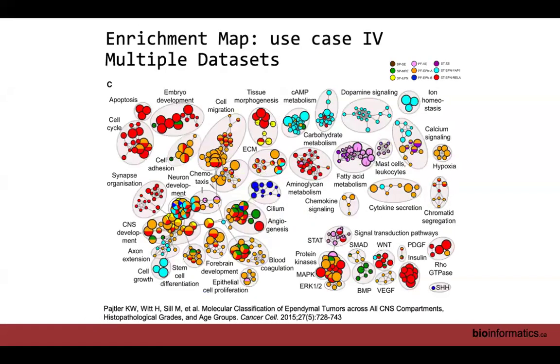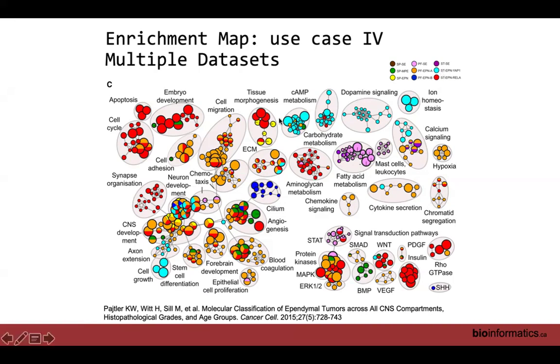The last use case is the multi-data set analysis. So there's no limit to the number of data sets you can input into EnrichmentMap. You can have 10, you can have 20, it doesn't matter. You can use it to compare pathway results across multiple conditions, between multiple diseases, between multiple cancers, whatever it is.